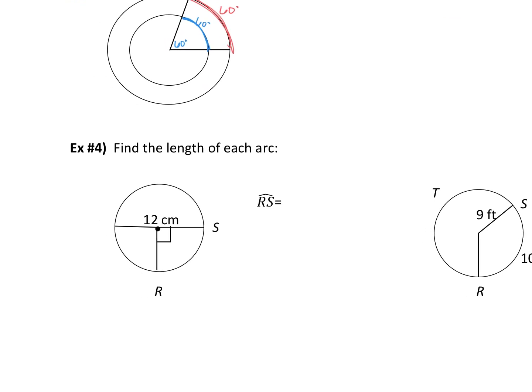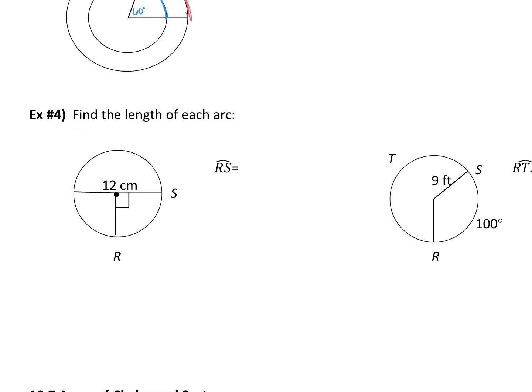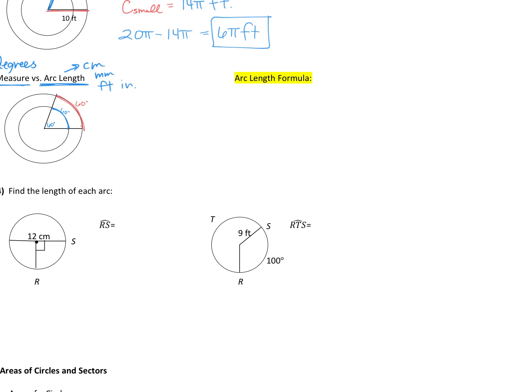With that in mind, I'm going to give you a formula for arc length, not arc measure. You know how to find the arc measure, it's the same. I told you this one was 60. I gave you the inside one. So the arc length formula is this: L equals, and this is on that formula sheet that I gave you, it's in Canvas.